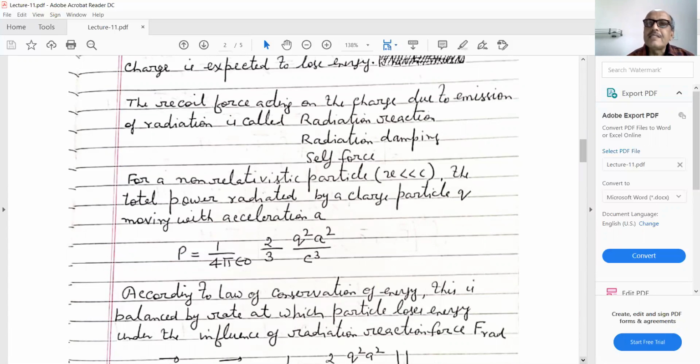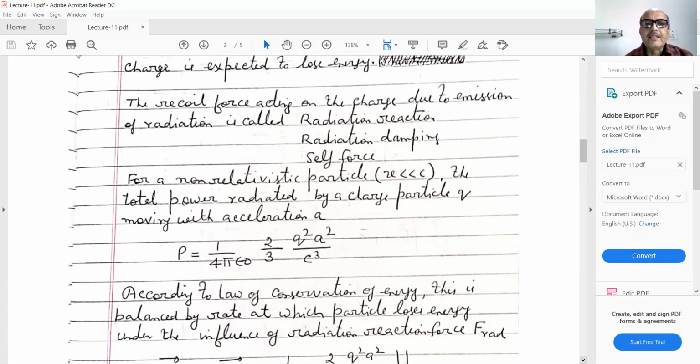If you recall Newton's second law of motion, normally we write the force F as equal to the rate of change of momentum. Here, once we understand the concept of radiation reaction, the force exerted by the radiation going out of the charged particle on the charged particle itself, this is just to conserve Newton's second law, the law of conservation of linear momentum.